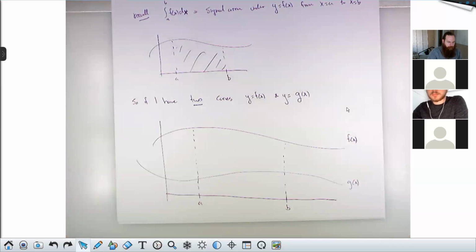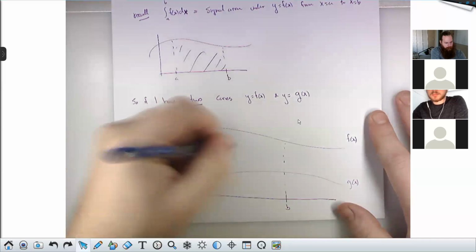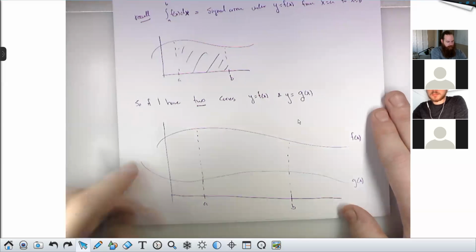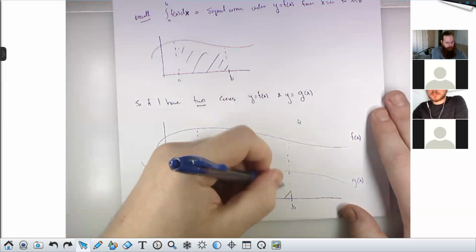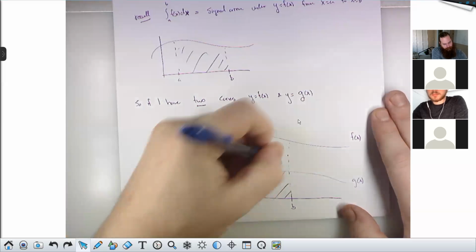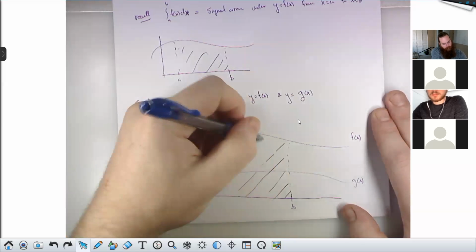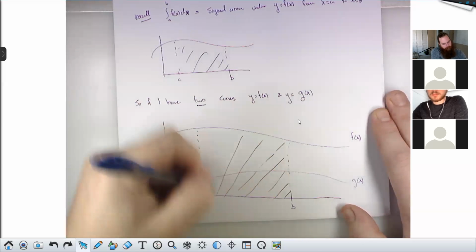Normally I do this on a board and I do this with multiple colors. The area I want is the area here in the middle. I don't want to measure this stuff down here. So let's imagine that I integrated just f. The integral of f would give me all of this.